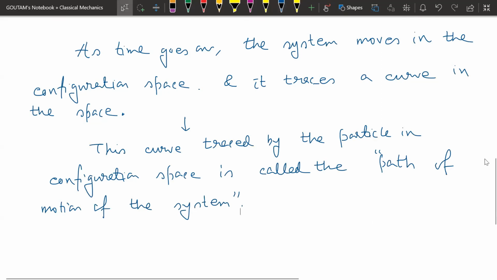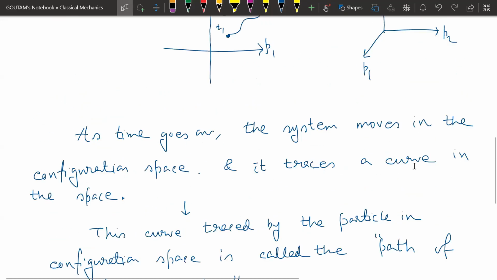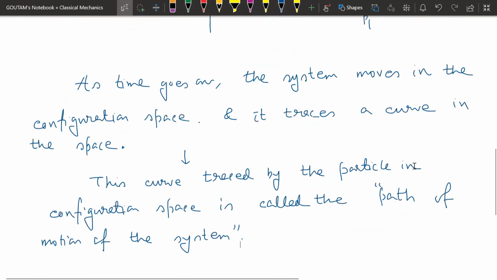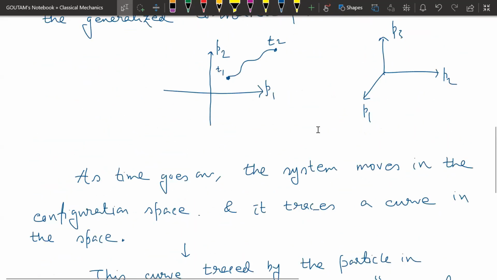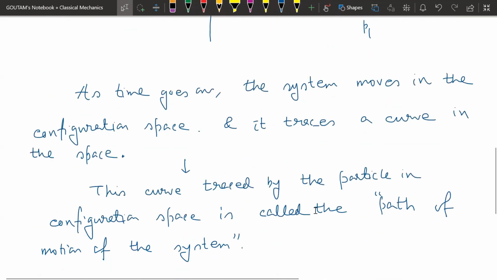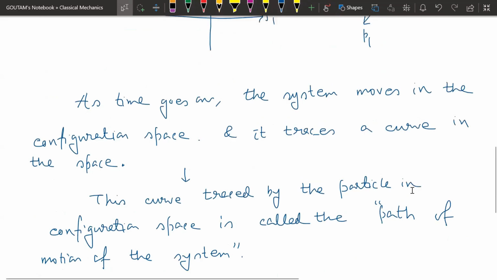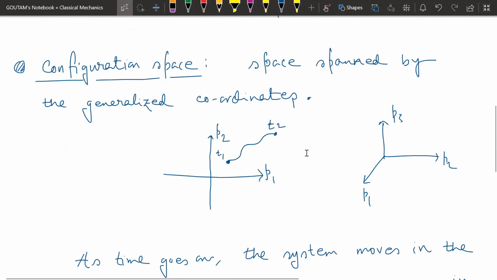Remember that this path of motion of the system, which is the curve traced in the configuration space, is not in general the path of the particle that we see in 3D. In 3D, the path we can see of the motion of a particle is not necessarily the same path as in the configuration space, because in configuration space the coordinates are not the same.